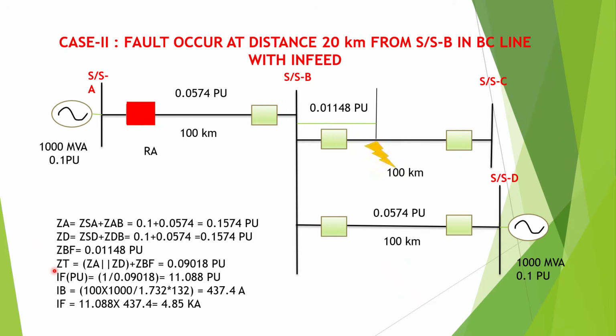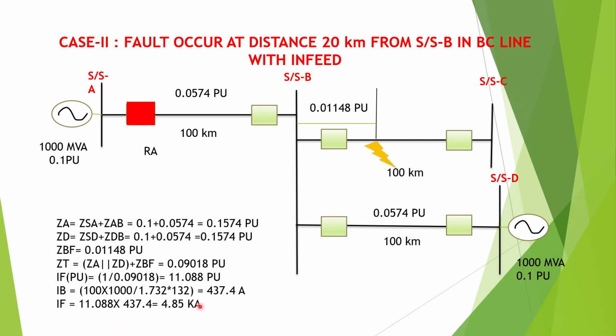Now the total impedance, that is ZT, is equal to the parallel combination of ZA and ZD, plus ZBF. So this total impedance comes as 0.09018 per unit. So we can calculate the value of the fault current in terms of per unit, which is IF per unit equal to 1 divided by 0.09018, which comes as 11.088 per unit.